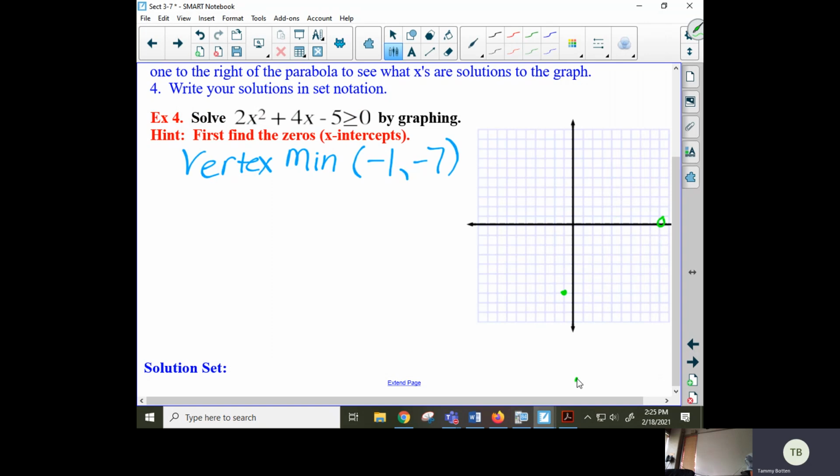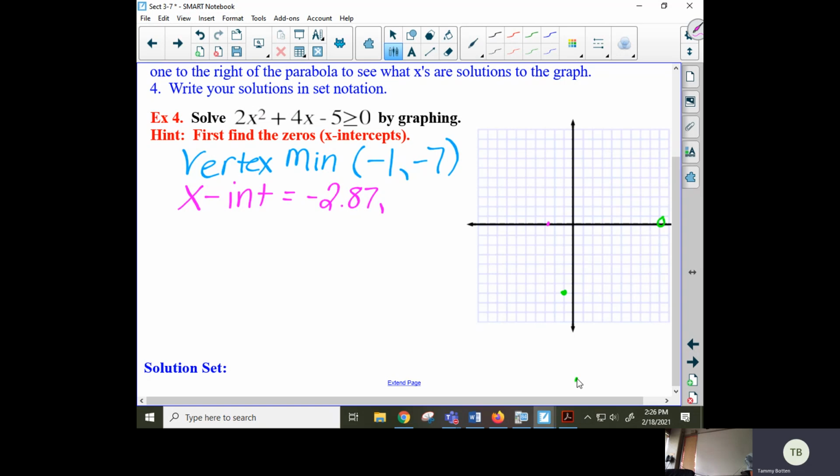So my x-intercepts are at negative 2.87, which I can graph, just kind of estimate like 2.87, maybe somewhere like that.